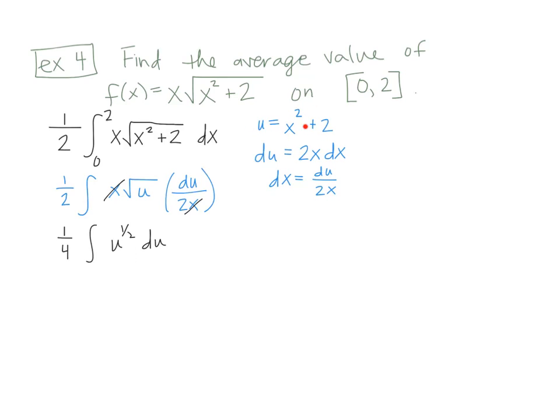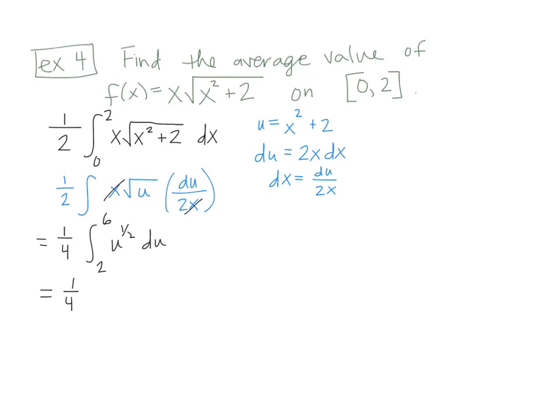So 0 squared plus 2. So that means our new lower limit is 2. All right, let's try the upper limit. When x was 2, what would u be? Let's plug it in here. So 2 squared, 4, plus 2. So our upper limit in terms of u is 6. Great. Now we can integrate.